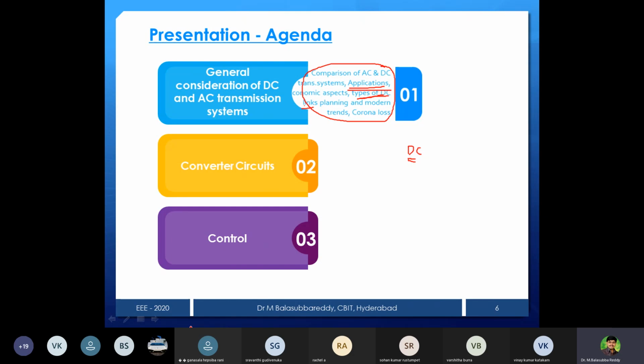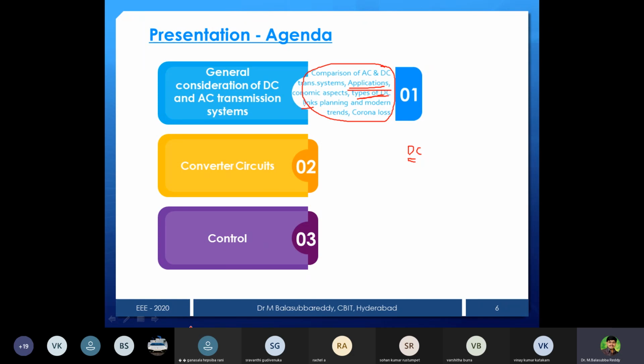Any one conductor is sufficient, but preferably negative polarity will be used. And ground is the return path, which we can consider as a metallic return, also sometimes they may be used. So that is one type of link. Anyhow, that will come with the diagrams. All these things will come in the first unit. That is a monopolar link.